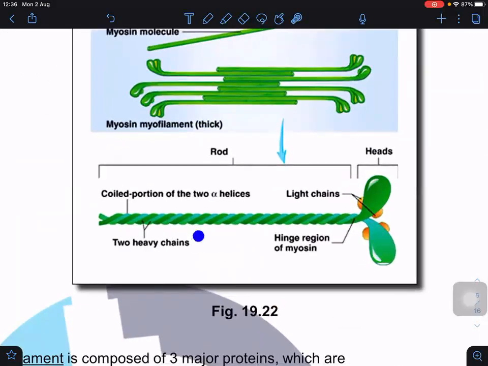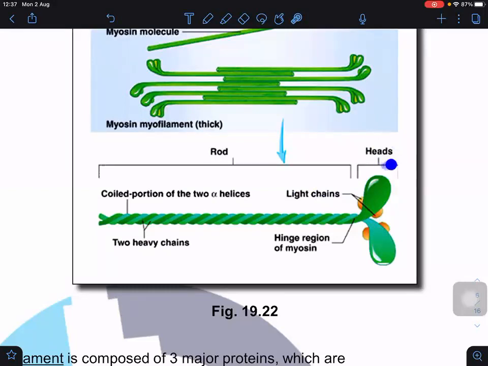So look at this structure, guys. You can see that you have two heavy chains intertwined together to form this helical, double helix structure with the hinge regions. This one is something like golf clubs, right? This is a head and this is the rod. The heads have an ATP binding site, so ATP can bind. When ATP binds, it's going to cause a series of reactions.